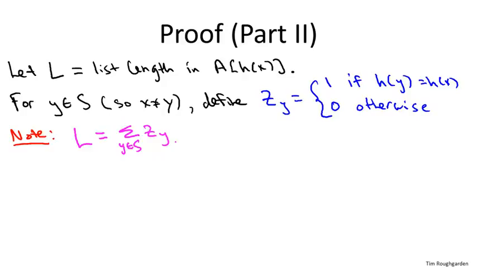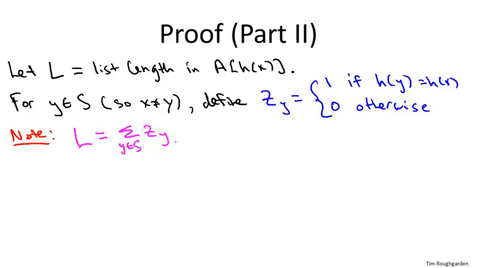So if you choose some hash function that maps this IP address x to, say, bucket number 17, capital L is just counting how many other objects in the hash table wound up getting mapped to bucket number 17. So maybe 10 different objects got mapped to bucket number 17. Those are exactly the 10 different values of y that will have their Z sub y equal to 1. So L is just counting the number of objects in the data set S that collide with x.